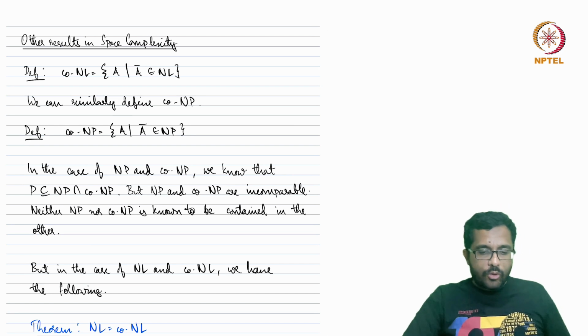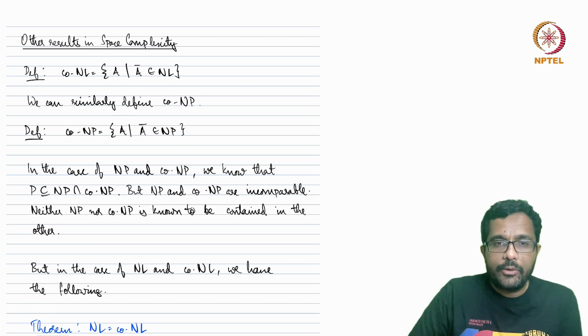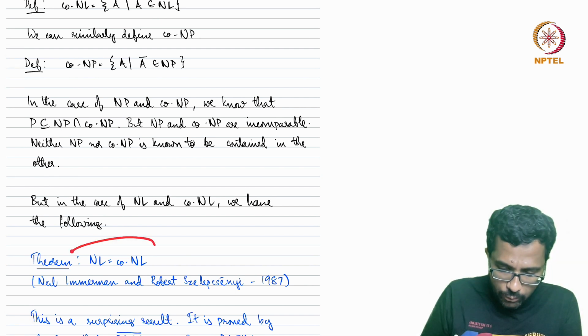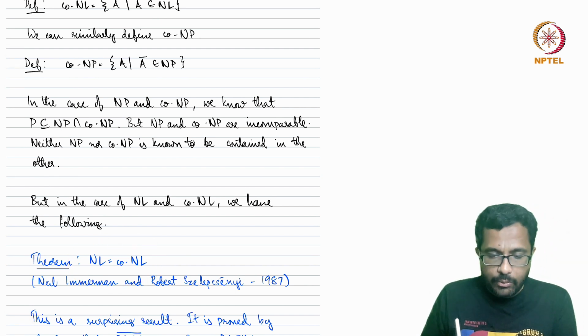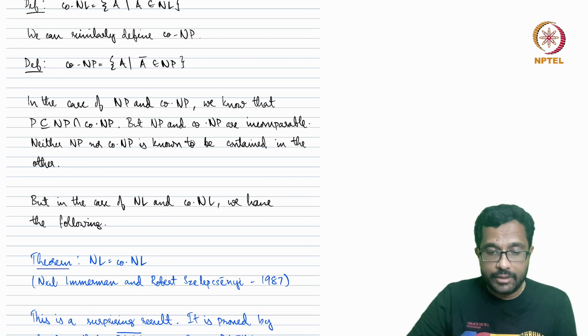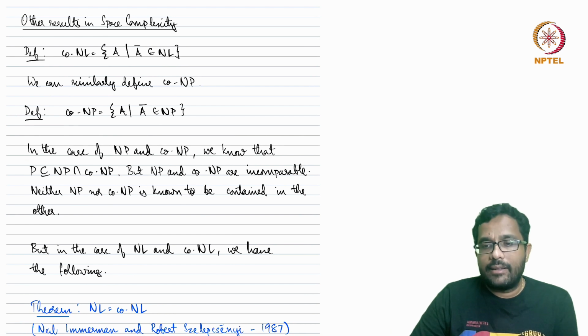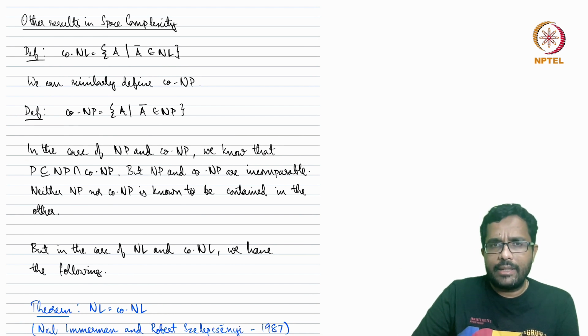So the first thing that I want to talk about is the result that states that NL equals co-NL. But before saying that, I should first say what co-NL is. You may remember we defined the term co-Turing recognizable, sometime in chapter 3 or chapter 4.